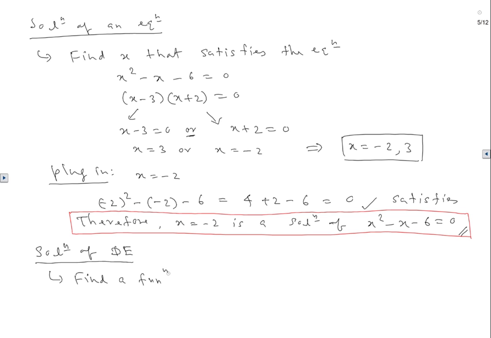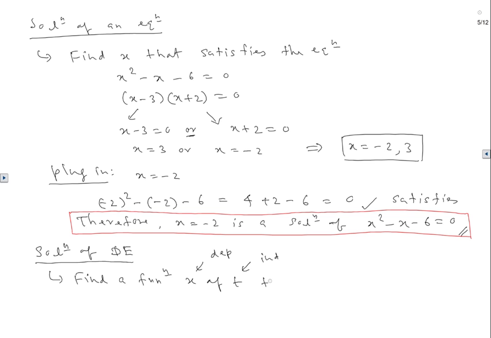I just write "function" as a shortcut. Find a function x, or whatever the dependent variable you have. Find a function x of t. That's the independent variable, and x is the dependent variable. You need to change the variable depending on what you have.